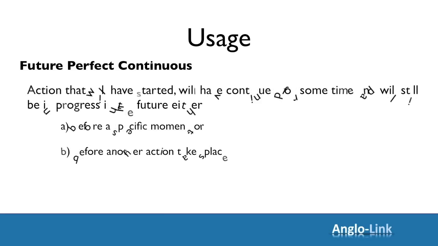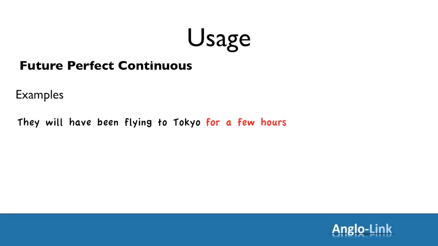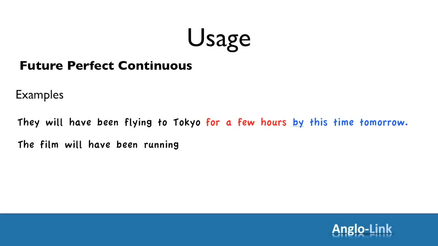Let's look at some examples. They will have been flying to Tokyo for a few hours by this time tomorrow. The film will have been running for 2 hours by midnight.